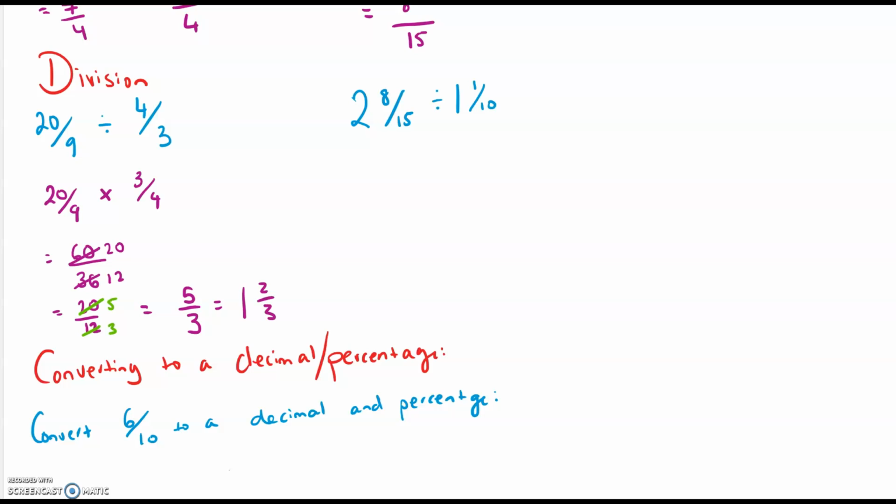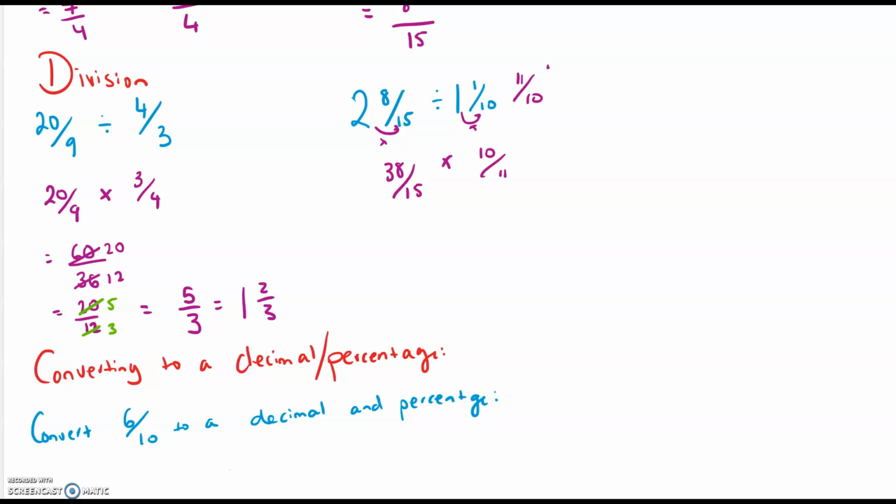Okay, my next one, again, changing it into a mixed number. So 2 times 15 is 30, plus 8 is 38, so I've got 38 over 15. Now I'm going to change this to a multiplication sign, and then I've got 1 and 1 over 10, so that 1 times 10 is 10, plus 1 is 11, so I would have 11 over 10, but I'm going to flip it upside down, so I've got 10 over 11.